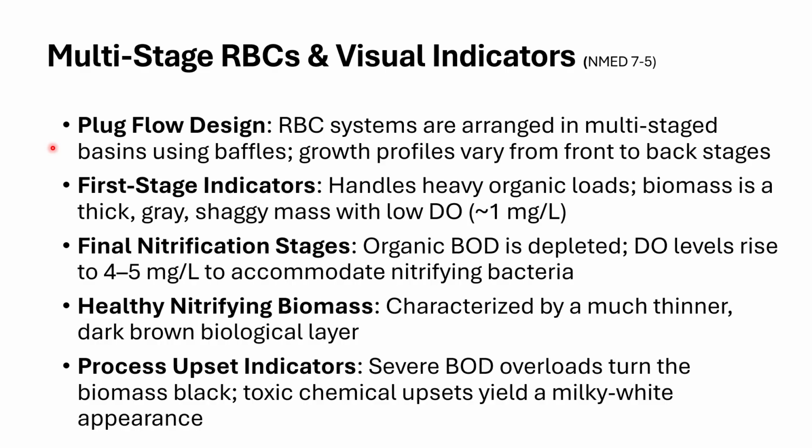Those baffles channel the outflow of one RBC into the inflow of another RBC, and we're going to have a differing growth profile, you can imagine, because the first RBC the wastewater comes in contact with has high organic content, high BOD, but let's say we have a series of 4. The last RBC is not going to see the same organic loading as the first 1 or 2 RBCs. So something to think about: our growth profiles, as it's called, are going to vary between stages.